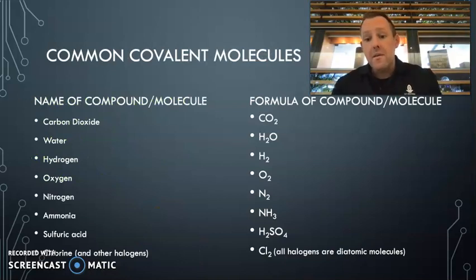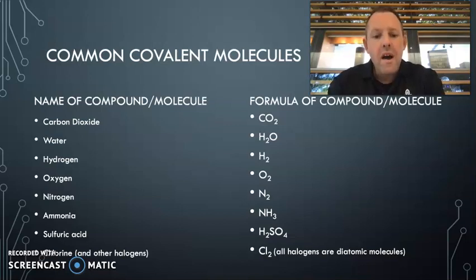So a lot of common compounds that you deal with, or molecules that you deal with, are covalent. So if you have a look, we've got things like carbon dioxide, water, hydrogen, oxygen, nitrogen, ammonia, your acids, chlorine gas.